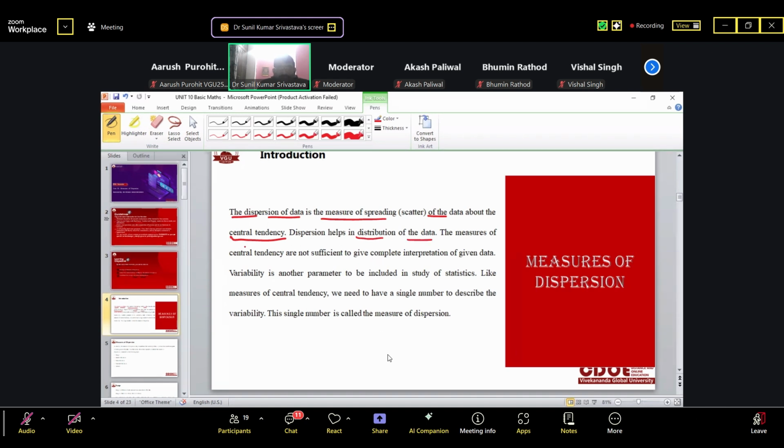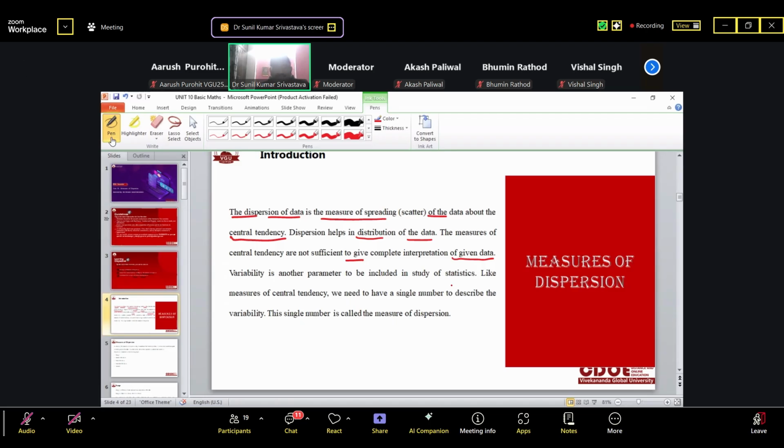The measures of central tendency are not sufficient to give a complete interpretation of the given data. So variability is another parameter to include in the study of statistics. Like the measure of central tendency, we need a single number to describe the variability.